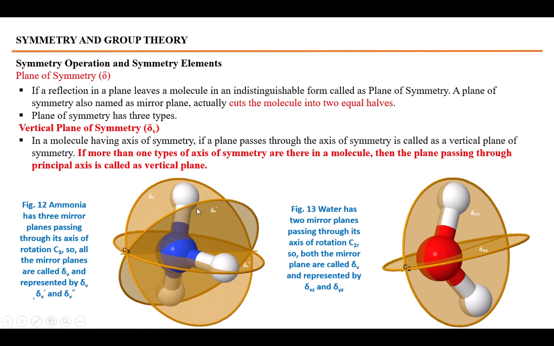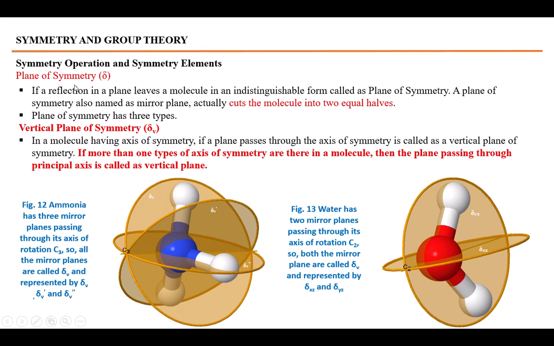There are three vertical planes in ammonia. Each passes through one hydrogen and the nitrogen atom, making the other two hydrogens images of each other. We denote these planes as sigma V, sigma dash V, sigma double dash V.